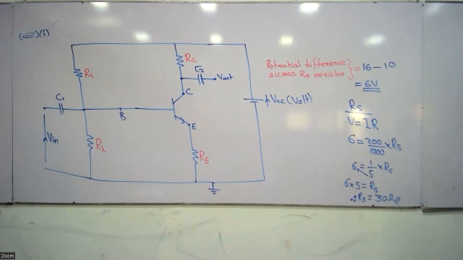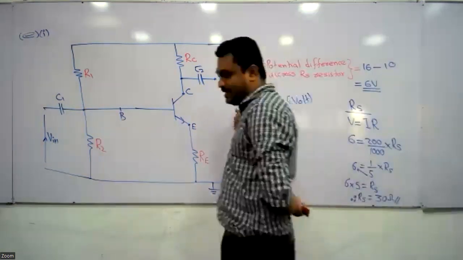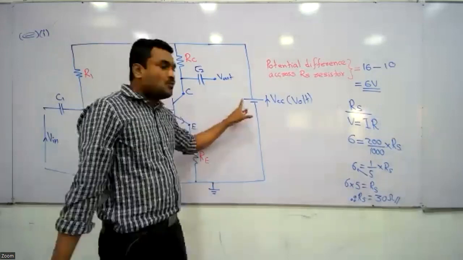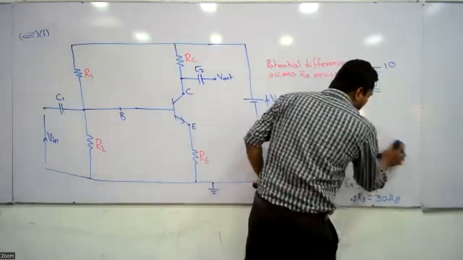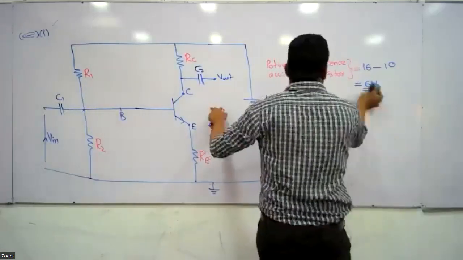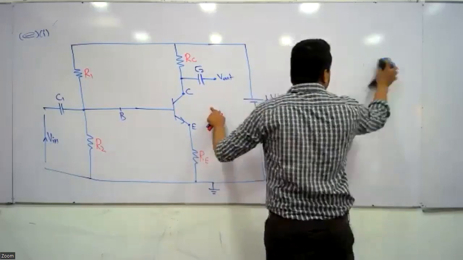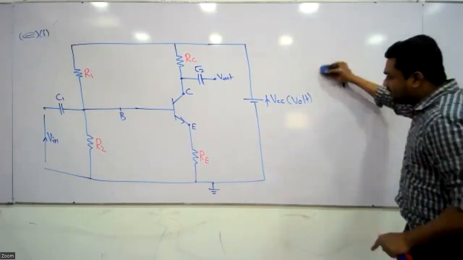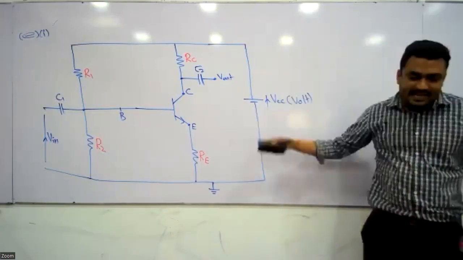Now, actually this VCC should be a DC voltage. You must connect the battery here. Now, what do they do? For this amplifier, they do not connect a battery here. Without connecting a battery, the voltage is given.